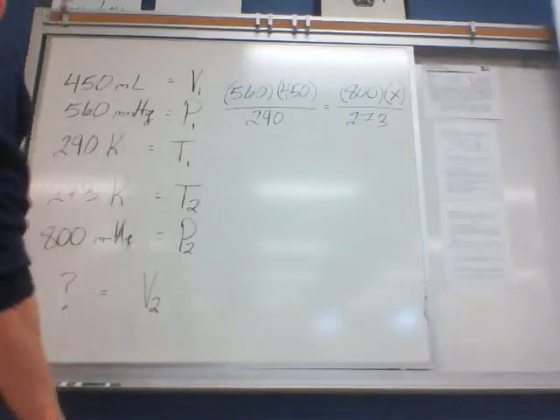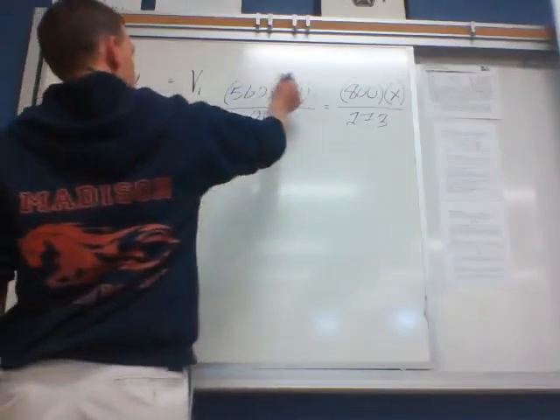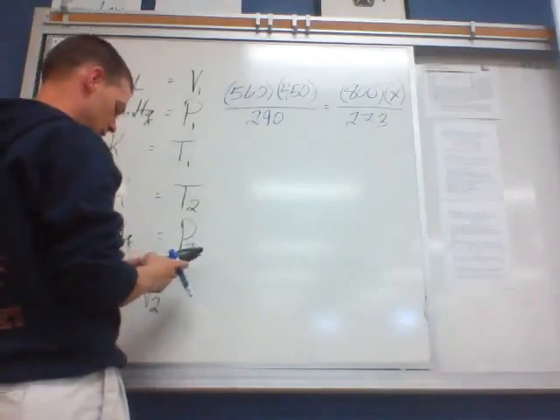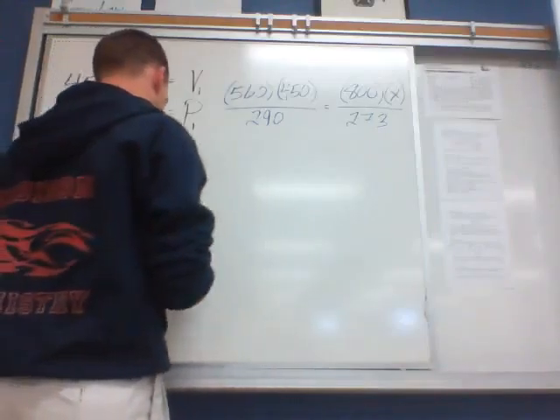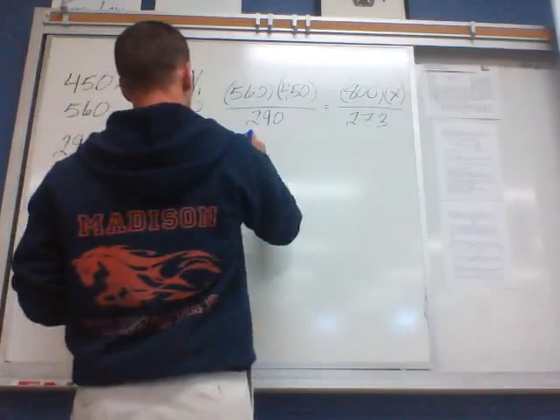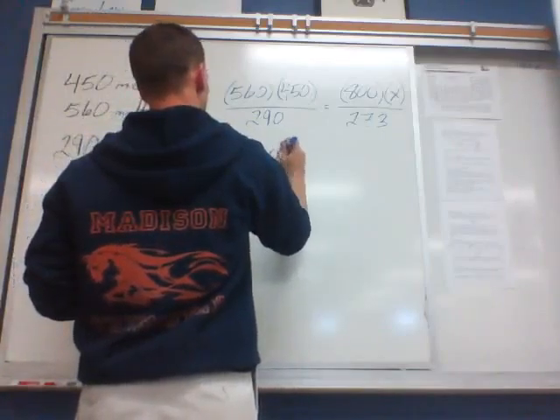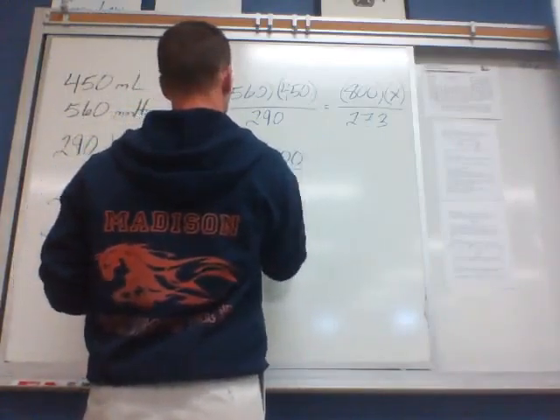Simplify. I'm going to do just the numerators first. 560 times 450 is 252,000. Still over 290.